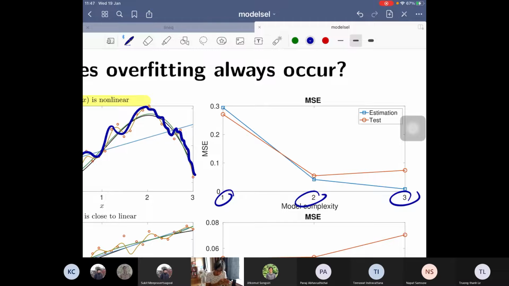What do you see here? You see that MSE decreases, then test MSE slightly increases, right? Let's observe this degree here. From second order to third order, the test MSE actually increases, but by only a small amount.